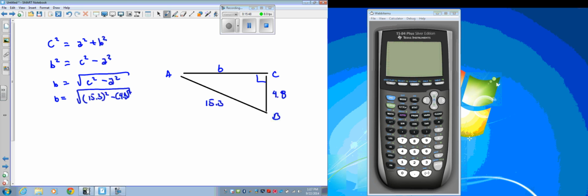So the square root of, I think I can just do 15.3 and square it, minus 4.8.